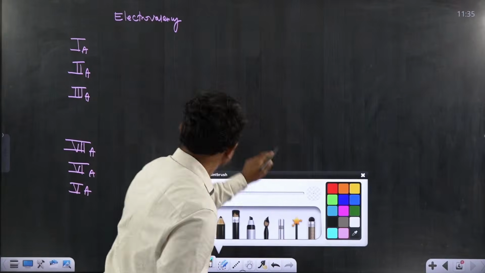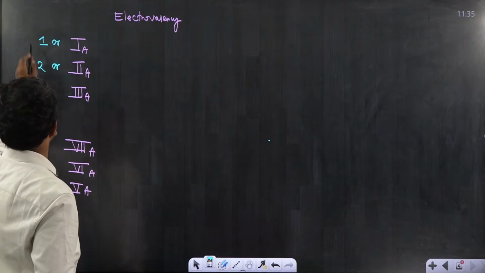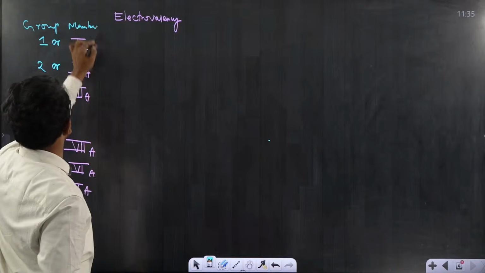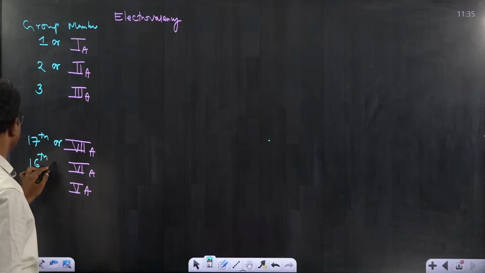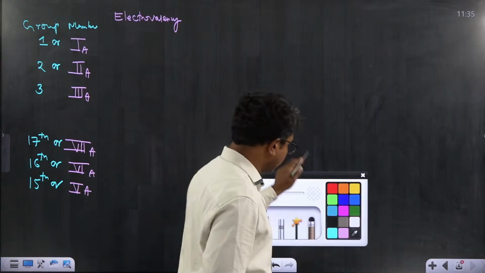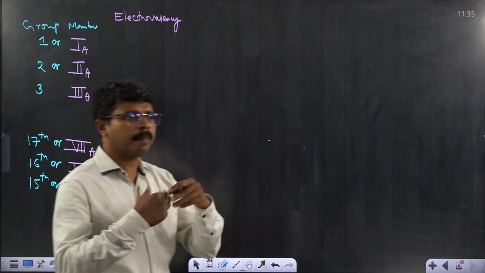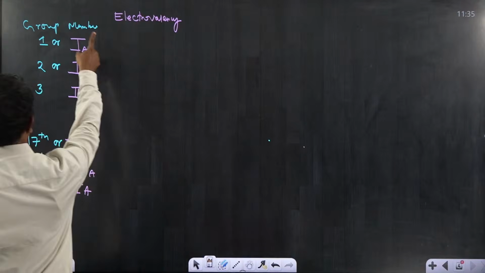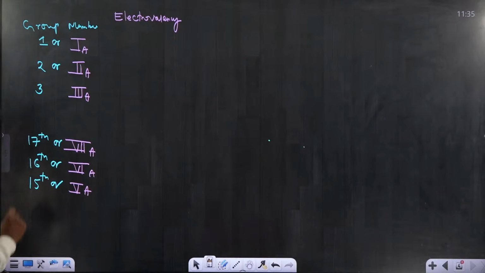This is nothing but first group, second group or third group, the group number, and this is considered to be 17th group or 7A, 16th group or 6A, 15th group or 5A. We already concluded that ionic bond formation takes place between metal and non-metal usually. Here I have given a list of metals under first, second and third group, and non-metals under 17th, 16th and 15th group.